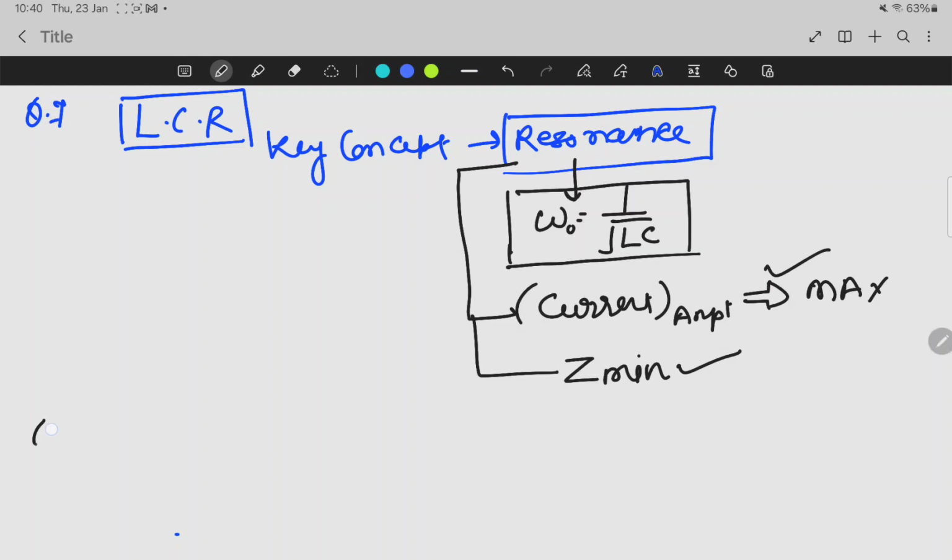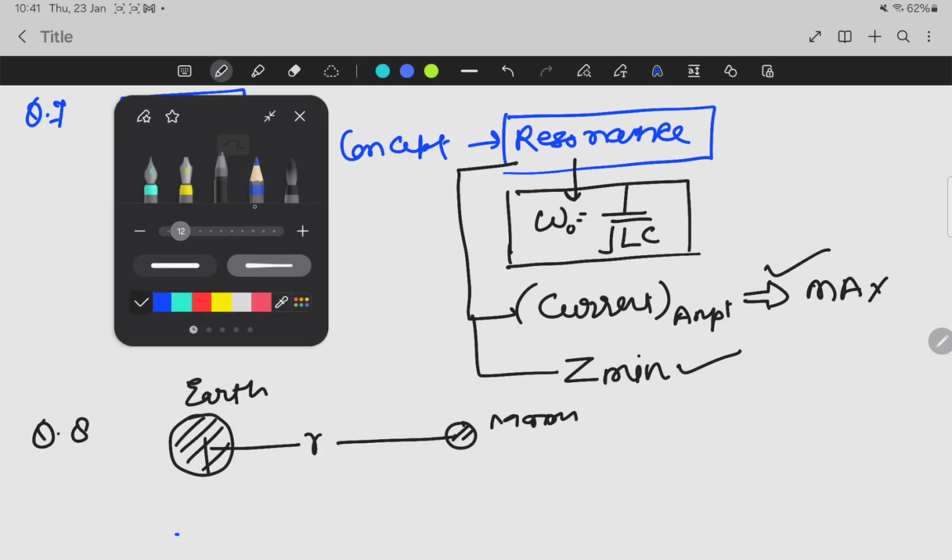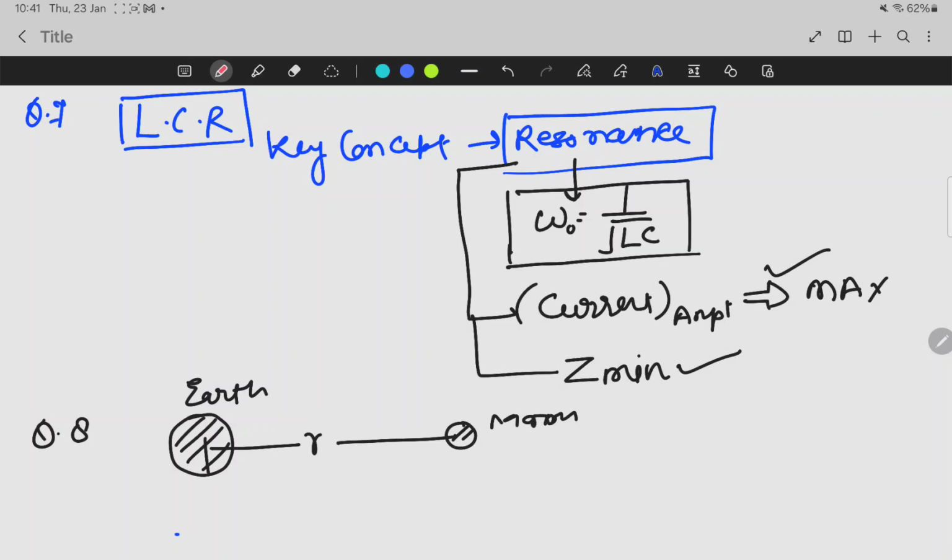Now the next, question number 8. They have given that a satellite is 9 times closer to the Earth as compared to the Moon. So let's say this is Earth, let's say this is Moon, and the distance between them they have given as R. Let's say some satellite is there.